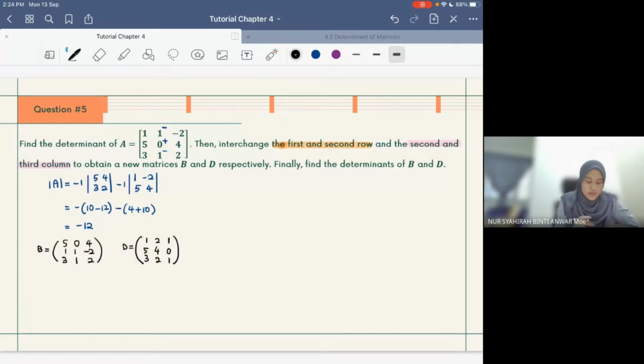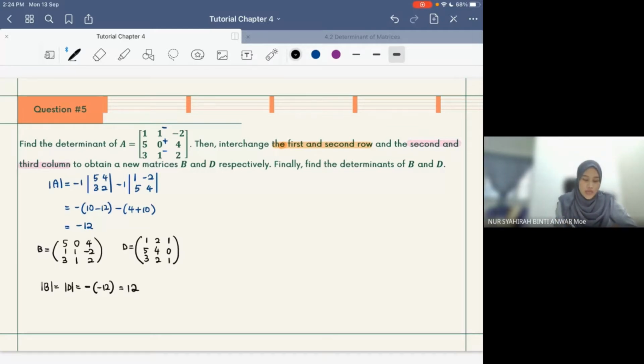So the determinant of B dengan D akan sama. Sebabnya dia datang daripada interchange daripada first element ni. Okay, so that means kita akan darabkan -12 dengan negatif. So the determinant of B dengan D akan jadi 12 sahaja.